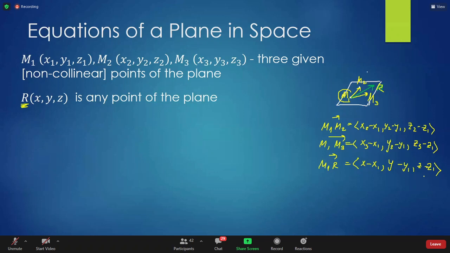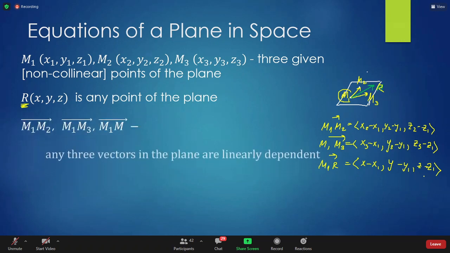There was a rule about vectors: 3 vectors are coplanar, that is linearly dependent, if and only if the determinant formed by the coordinates of all these 3 vectors is equal to 0.